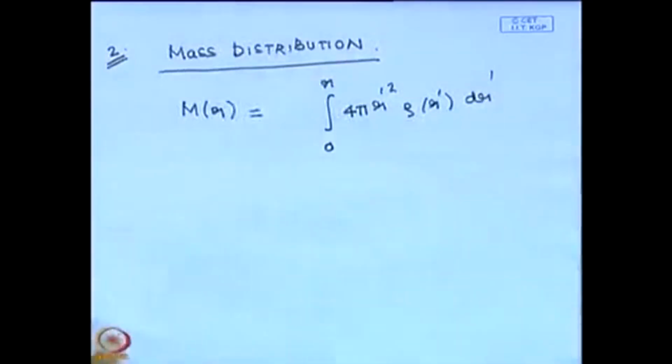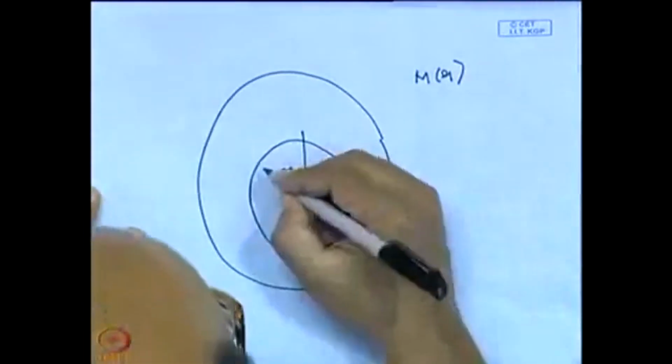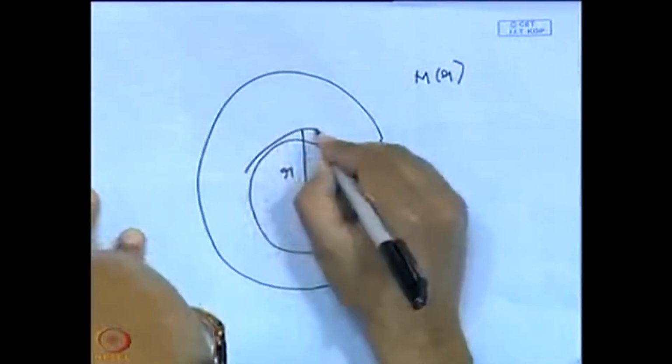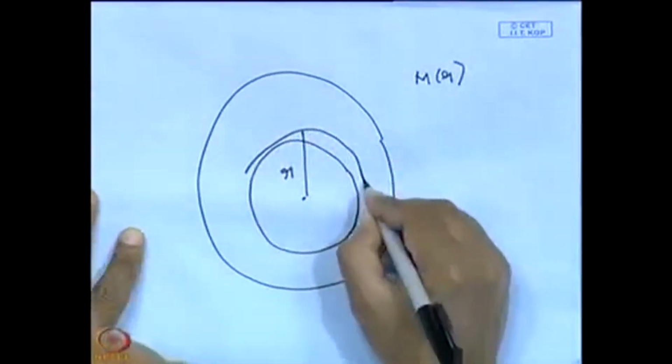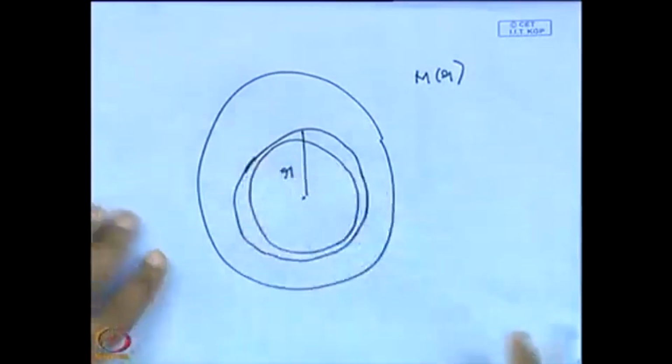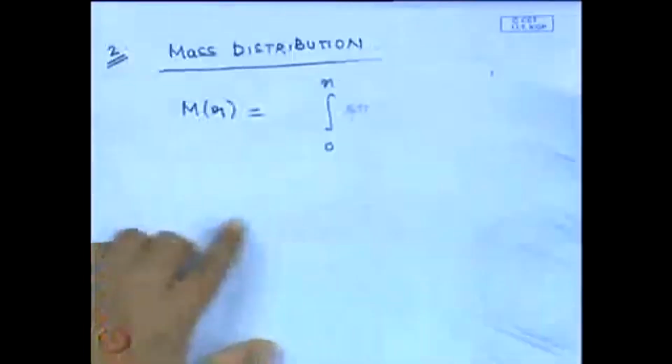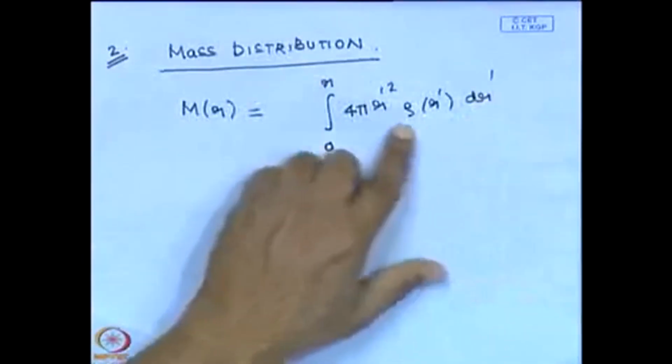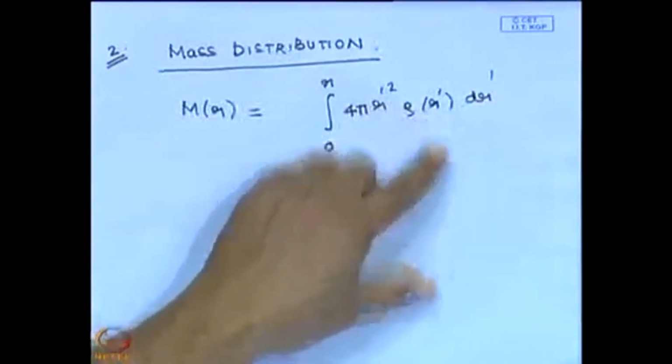So, what we are doing is we are considering shells like this. The thickness of such a shell is dr prime, and the mass inside that is 4 pi r prime square rho r prime.